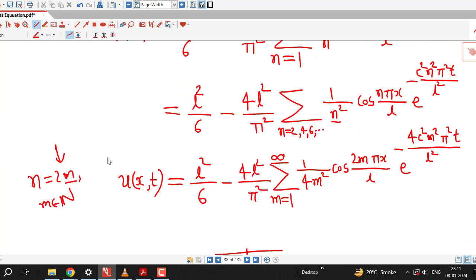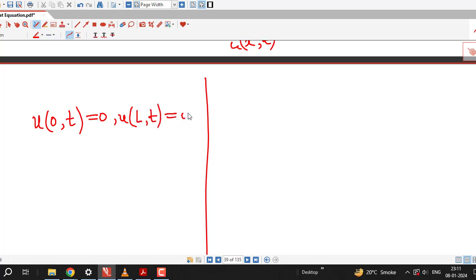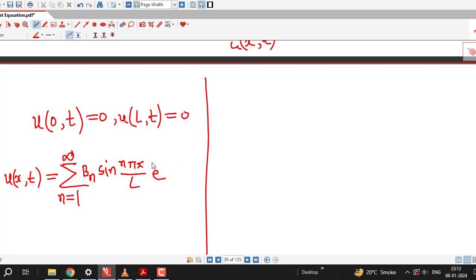So be careful whenever you are given the boundary conditions in such a way that temperature is 0 at both the endpoints. If temperature is 0 at both the endpoints, then our expression is u(x,t) equal to sigma n equal to 1 to infinity b_n times sin(n pi x by L) e raised to minus lambda_n square t.